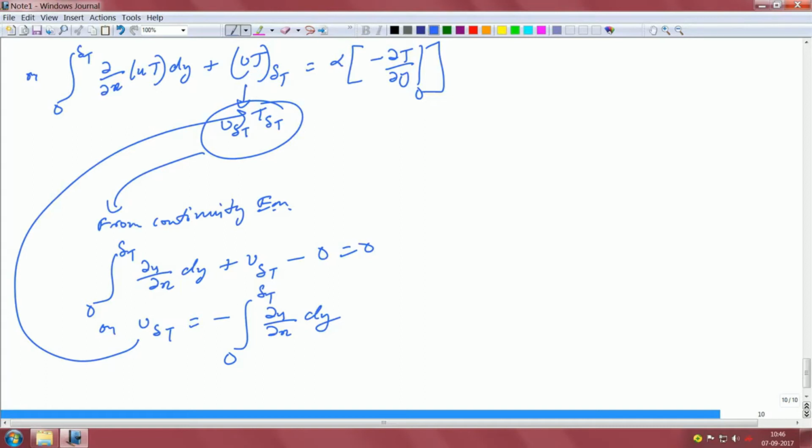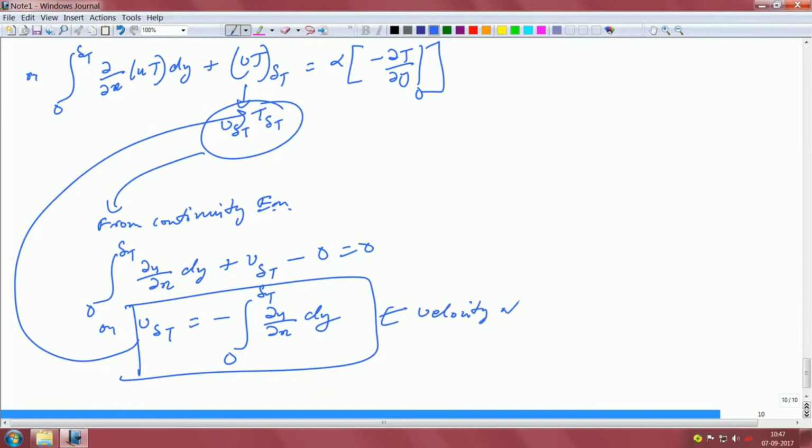Now that you have got this particular expression ironed out, how do we proceed with the problem? You remember that this is the velocity at the edge of the thermal boundary layer, right. So, we can once again apply the Leibniz rule to this particular term.